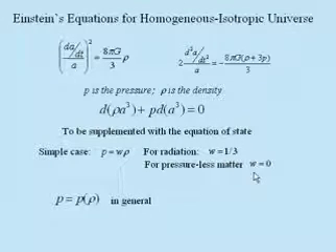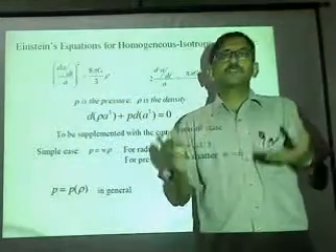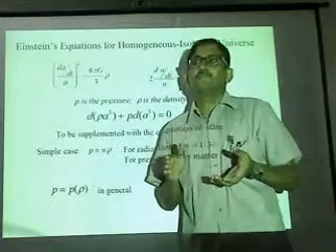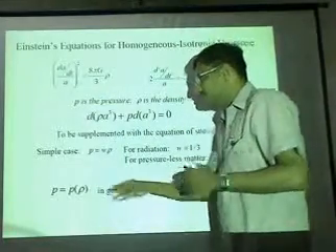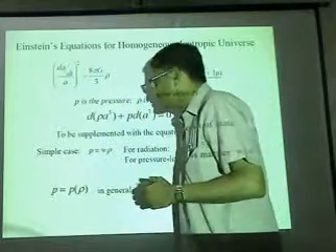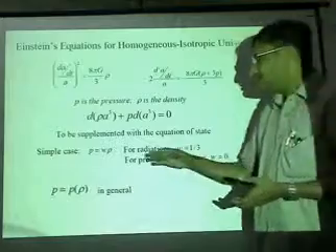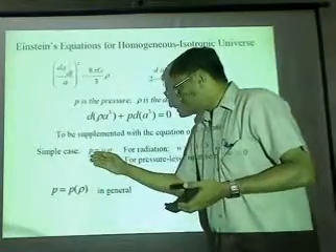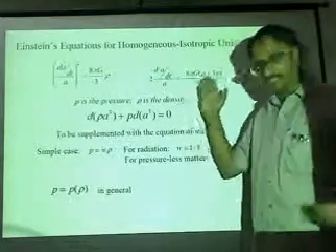In general, P can be any function of rho. There are some restrictions, like you should not have the speed of sound exceeding the speed of light. But for those restrictions, this can be any function, and this is one simple form of that. And using this relationship between P and rho, we can derive further results from this equation.